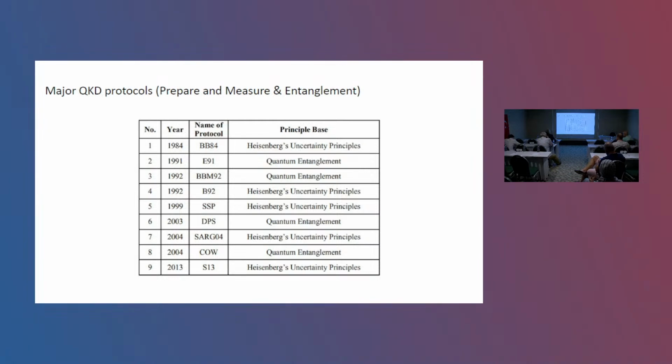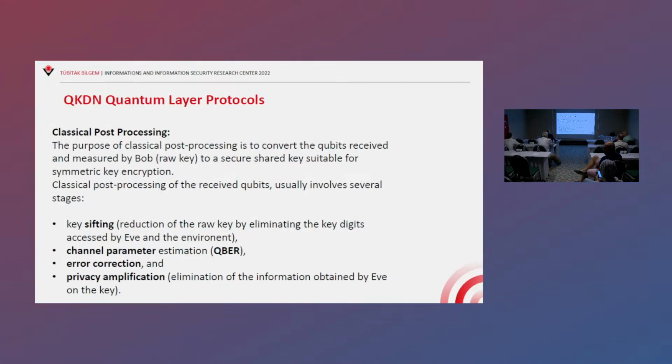This is a short list of examples of such QKD applications. The Heisenberg uncertainty principle over here refers to the prepare and measure approach, because if you measure in a non-orthogonal basis, there is an uncertainty in the measurement. That's why it's called Heisenberg's uncertainty principle.